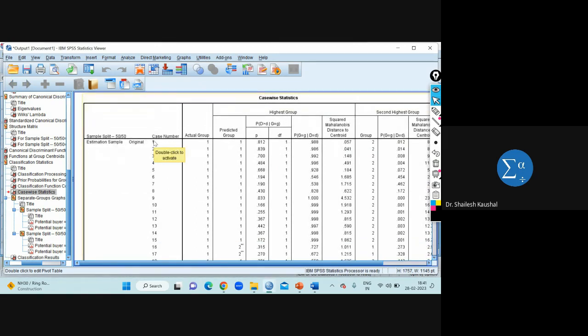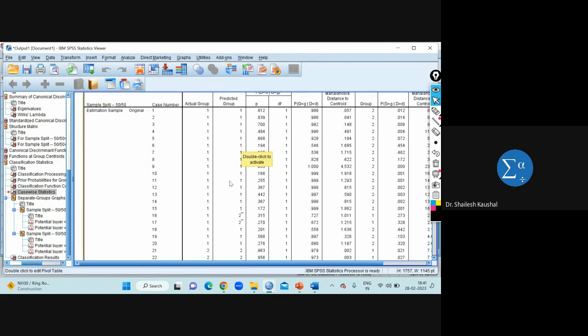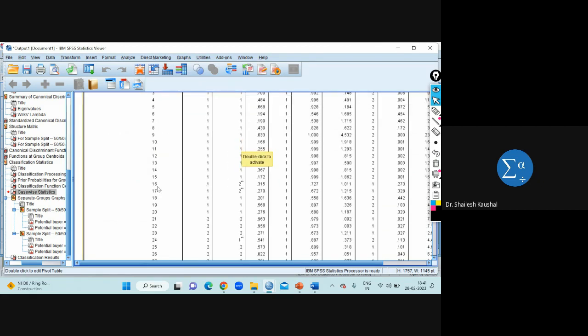Now you can see this table, case-wise statistics. Person one, actual group one, coding one means buy the product, and the predicted group, the person one is buying the product and my model is saying yes, he will buy the product. Now you can see here respondent number 16, actually he will buy the product, but my model is saying he will not buy the product. It means it's a misclassification.